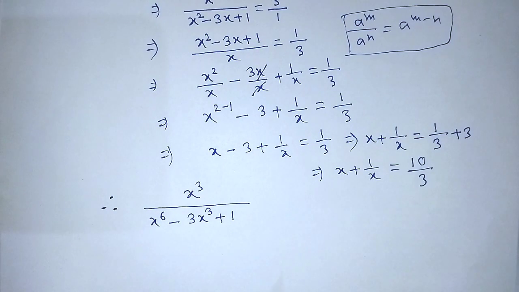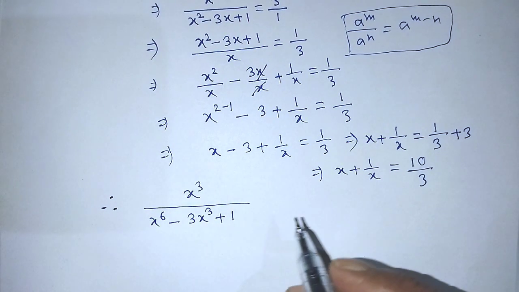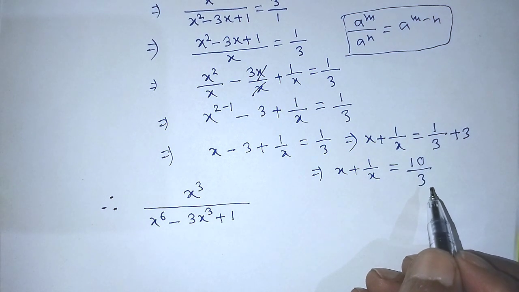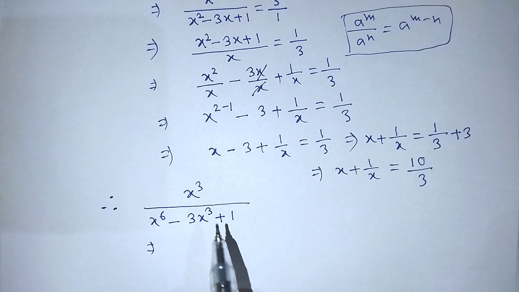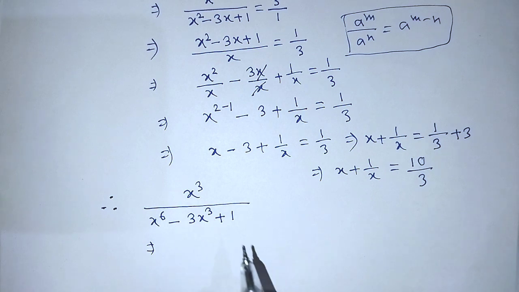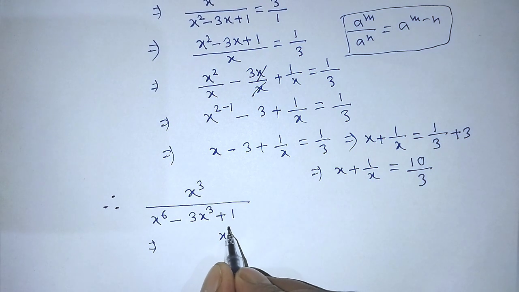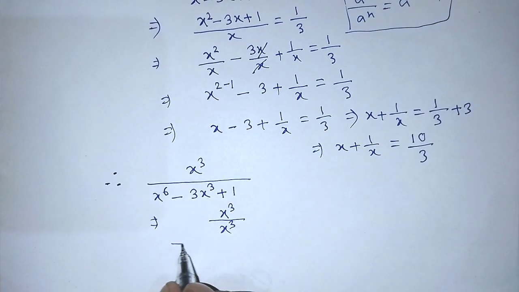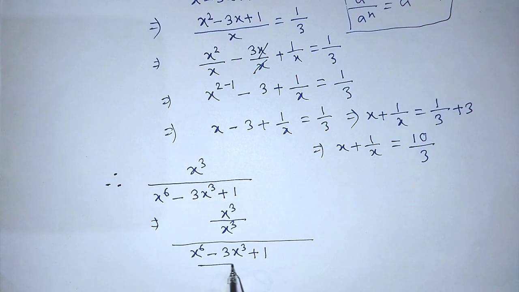To find the value of this algebraic expression, we have to put the value of x plus 1 over x is equal to 10 over 3 in this expression. So we divide the numerator and denominator by x to the power 3. Now we can write x to the power 3 over x to the power 3 over x to the power 6 minus 3 into x to the power 3 plus 1 over x to the power 3.